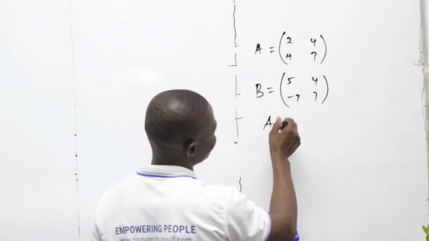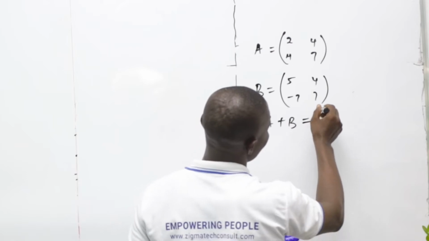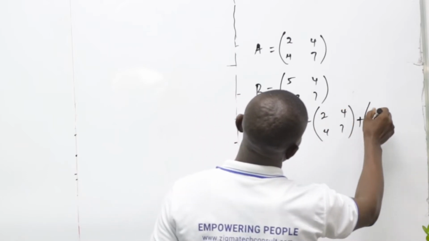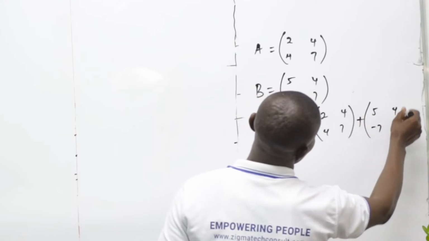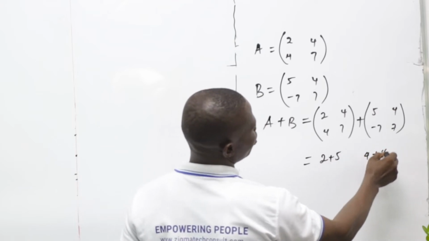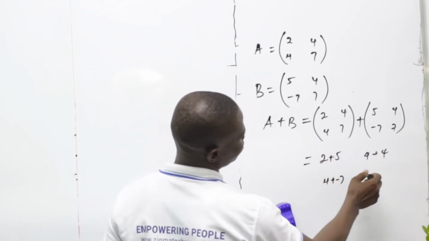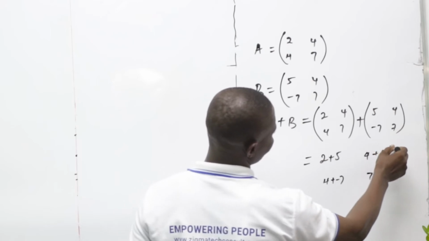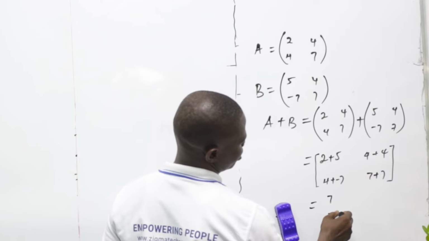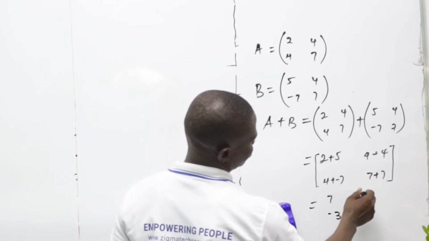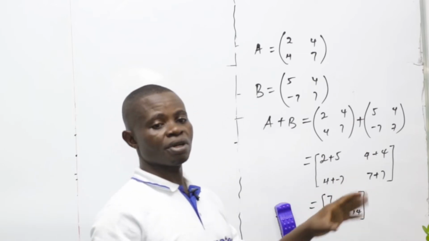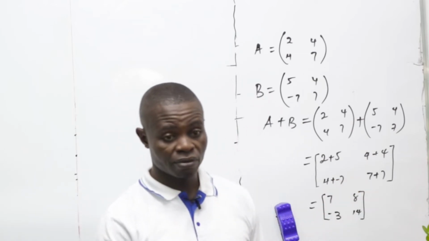Now we're looking for A plus B. A plus B equals 2, 4, 4, 7, plus 5, 4, minus 7, 7, to give us 2 plus 5, 4 plus 4, 4 plus minus 7, 7 plus 7. This is 7, minus 3, 8, 14. So the solution is 7, 8, minus 3, and 14. That is the solution to that question now.